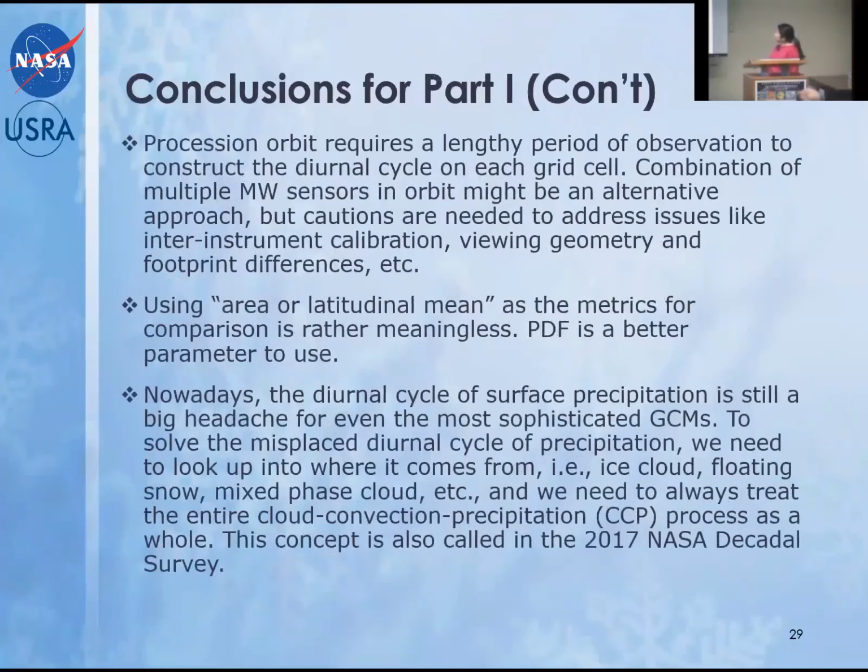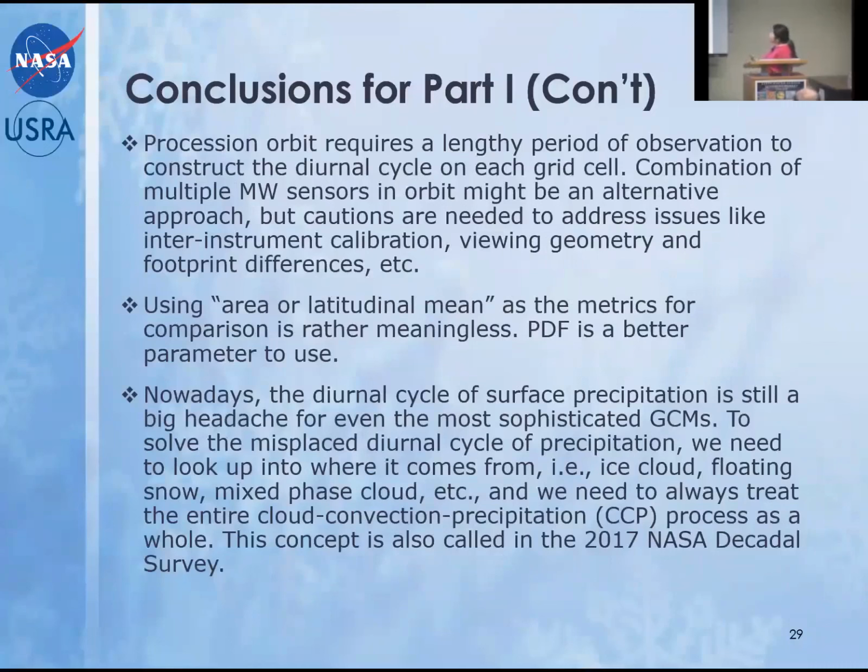And a precession orbit requires a lengthy period of observation. What I got for the GMI and CloudSat collocation takes 2 years of data, and we only get like 7,000-something samples in the tropics, collocated in terms of GMI footprint, which is very few. And that's one of the reasons why my collocation PDF figure looks noisier than the MHS figure. So with the precession orbit, we need a long time to construct this diurnal cycle and the collocation sample.